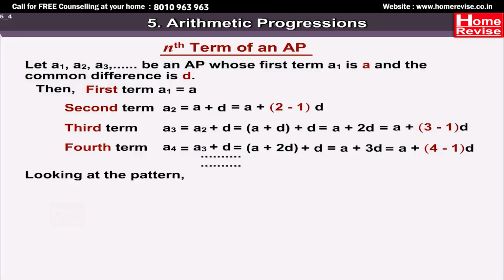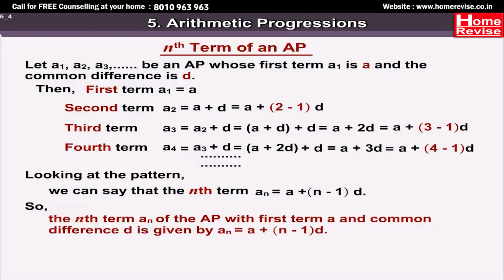Looking at the pattern, we can say that the nth term an is equal to a plus n minus 1 into d. So, the nth term an of the AP with the first term a and common difference d is given by an is equal to a plus n minus 1 into d. an is also called the general term of the AP.